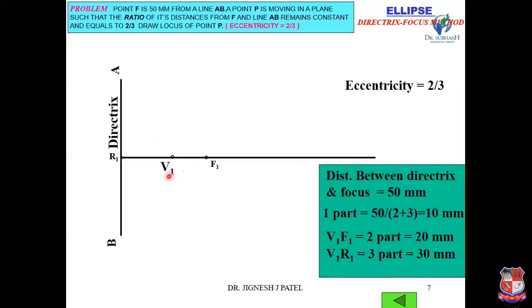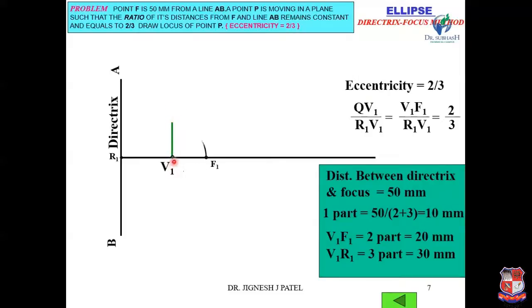Now plot this vertex V1 on this line. So the eccentricity ratio you can find here. Now from V1, draw one vertical line.